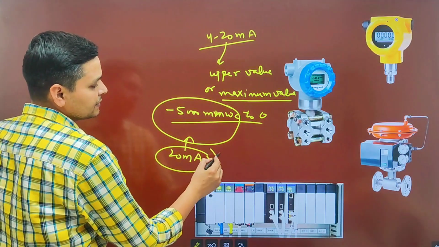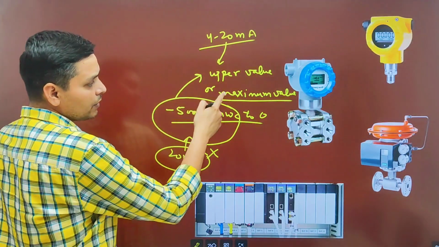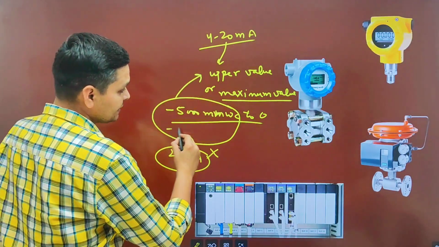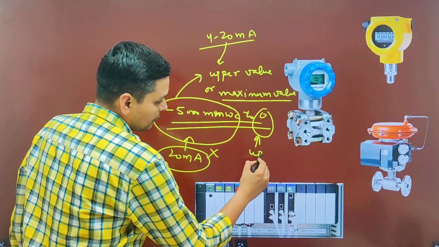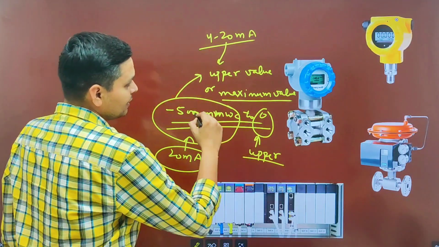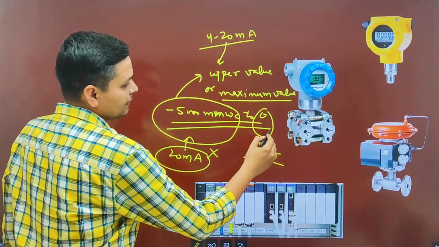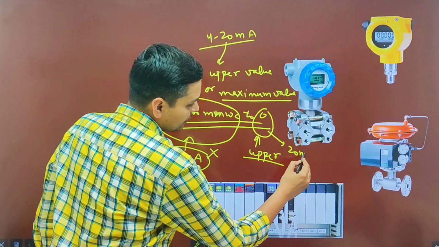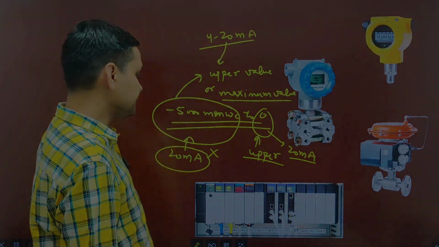But it is wrong, because it is not the upper value or maximum value. In this range, upper value is 0. Or this is the maximum value of this range. So we will get 20 milliamperes here. I think it is clear to you.